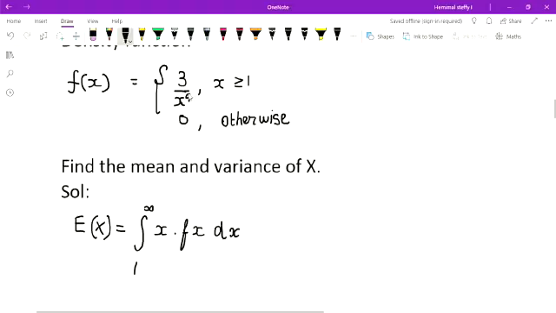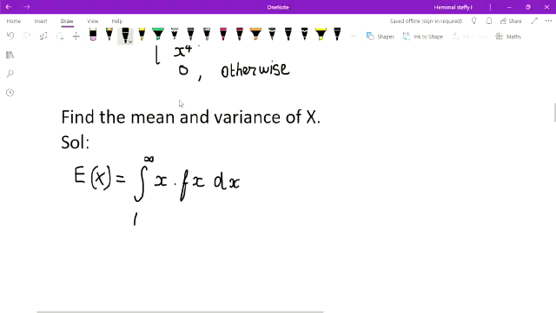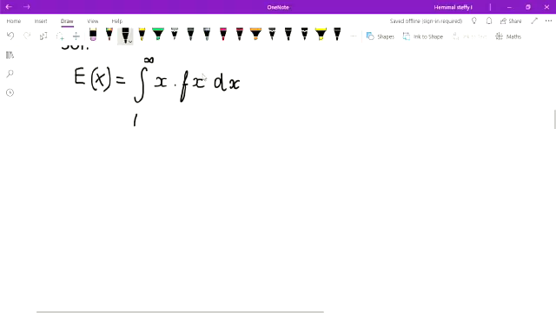What is the f of x function? 3 by x power 4. So instead of f of x, we can write 3 by x power 4. Then the integral from 1 to infinity of x into f of x equals 3 by x power 4 dx.